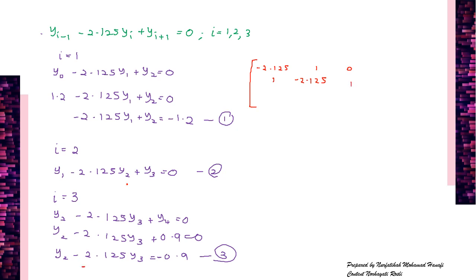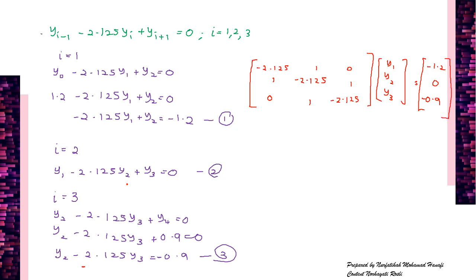And for the last equation, y1 coefficient 0, y2 coefficient 1, and y3 coefficient -2.125, equal to -0.9.